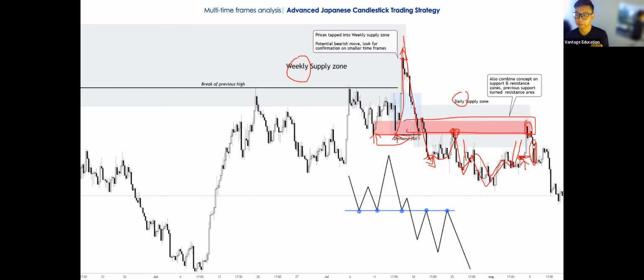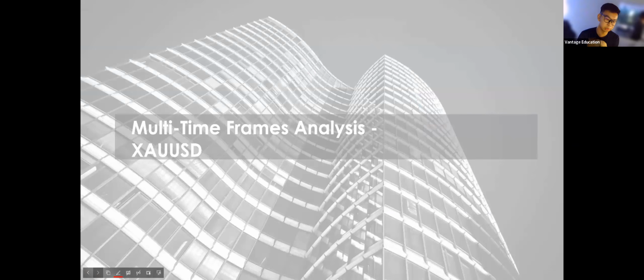Then your sellers came in to liquidate and trigger the stop losses. It came back up here again. This is maybe on the 5 minutes a new 5 minute supply zone. And see this candle wick here touching, and then bringing the price down again. So it's the same pattern across all time frames, across different instruments.